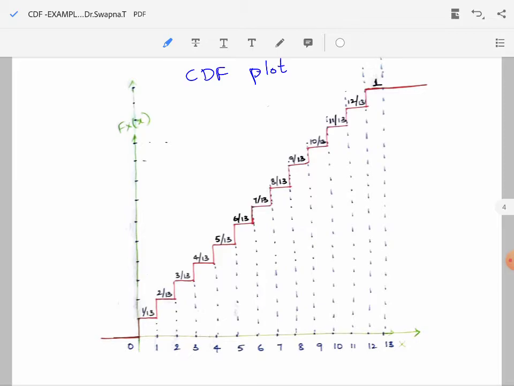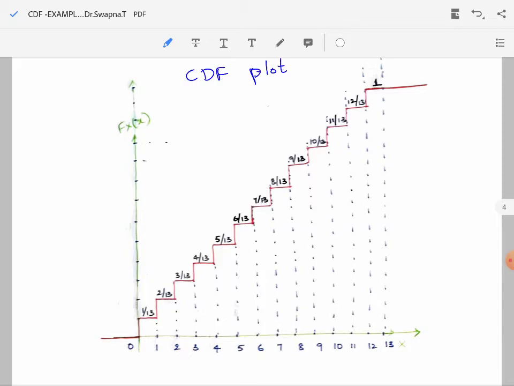You have the values 0, 1, 2, 3, 4, 5, 6, and so on, and on the y-axis we have the points 1 by 13, 2 by 13, 3 by 13, and so on. Gradually at 0 it makes a transition to 1 by 13, at 1 to 2 by 13.